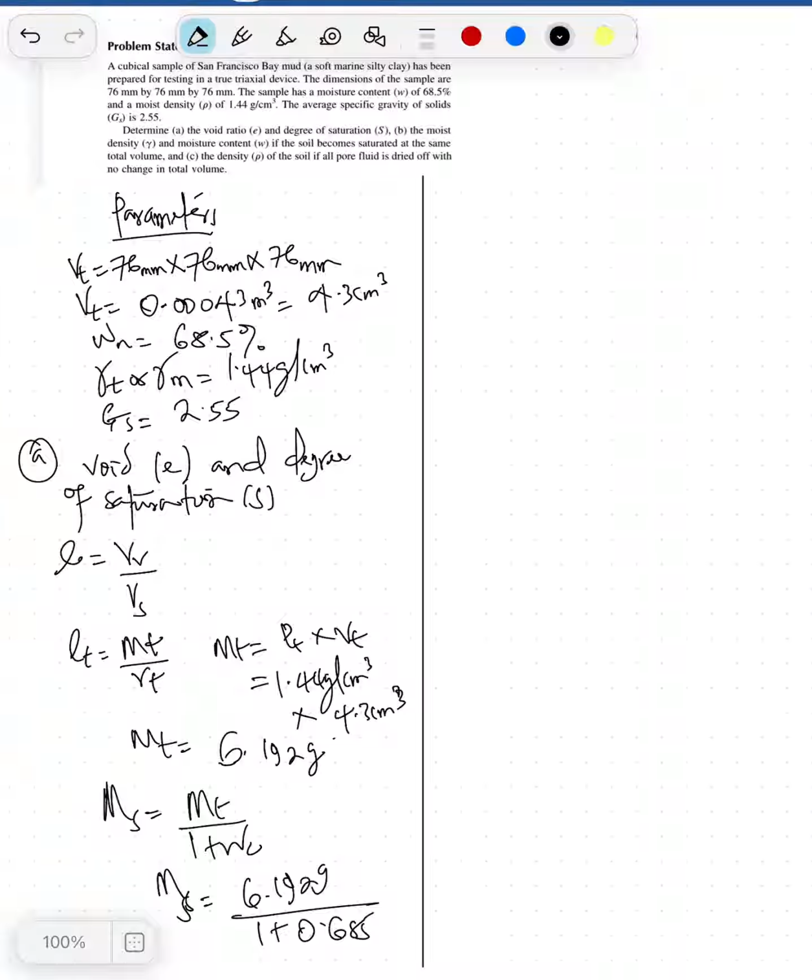So based on that, we'll be able to obtain our mass of solid, which is 6.192 divided by 1.685. So with that, mass of solid equals 3.68 grams.